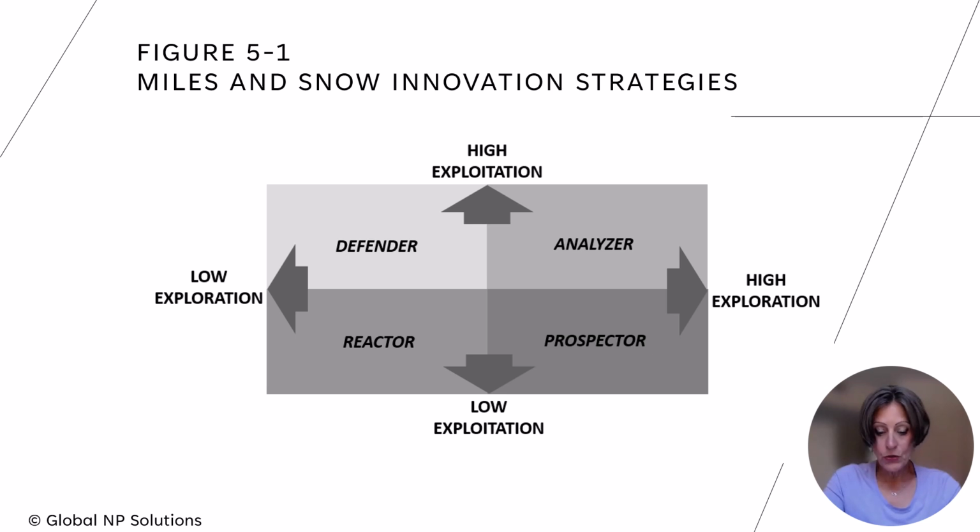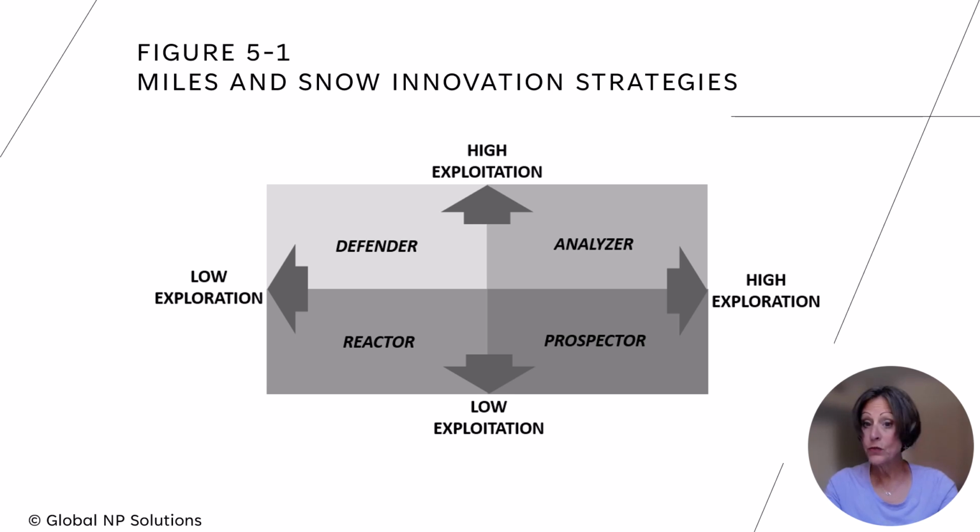According to the Miles and Snow theory of strategy, there are 4 approaches to innovation that balance exploration and exploitation, as shown in figure 5.1 on the screen. Prospector, seeking first-to-market opportunities with new, often untested technologies, high exploration.